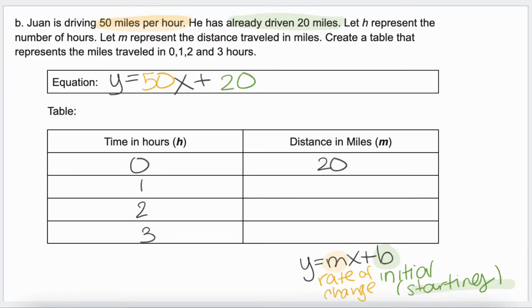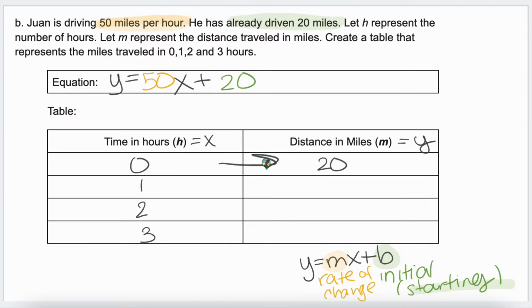The other thing we could do is, actually, you know what? I just realized we'll keep the equation the way it is. I really should use h and x as my x and y, but I'll write this. This is going to be my x, our independent variable, and this is going to be equivalent to my y in my equation. So it tells us that he's already driven 20 miles. So after 0 hours, he's still driven 20 miles.